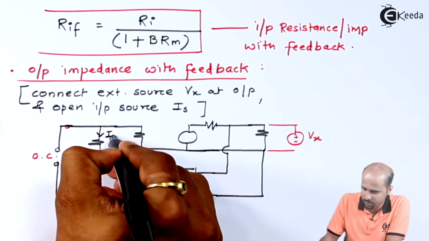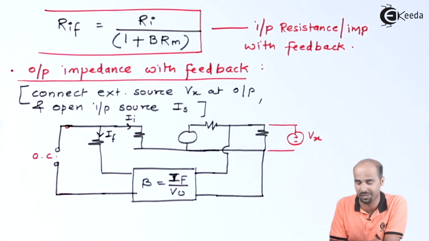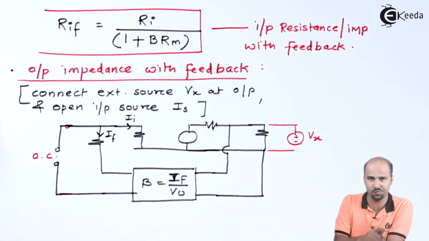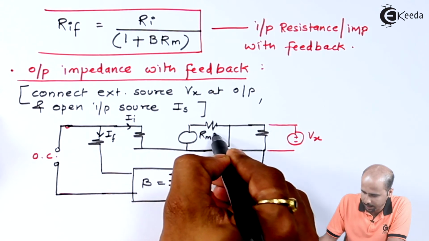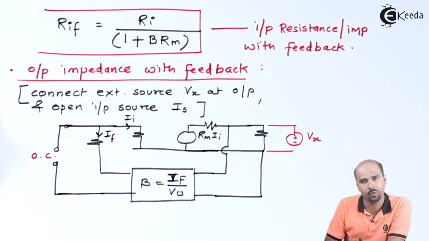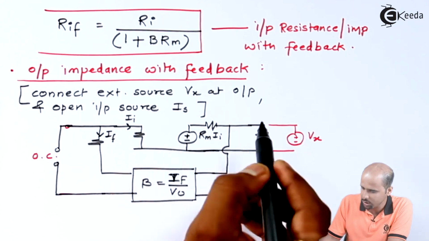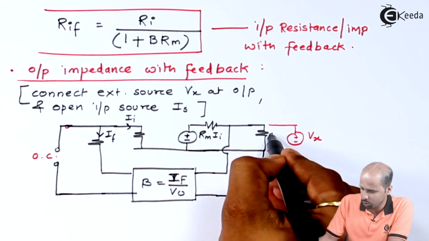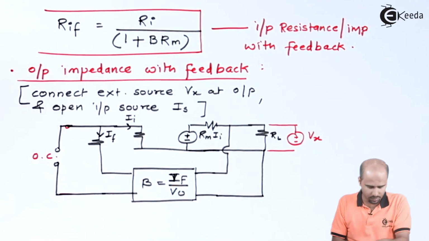This current is nothing but If. This current is nothing but Ii. I will get the relation between current If and Ii such that If is equal to minus Ii. That is the first relation that we will be getting. Here it's nothing but Rm into Ii. It's nothing but your voltage source only. And same as the earlier circuit, we will apply KVL.